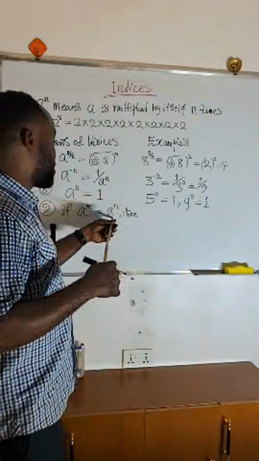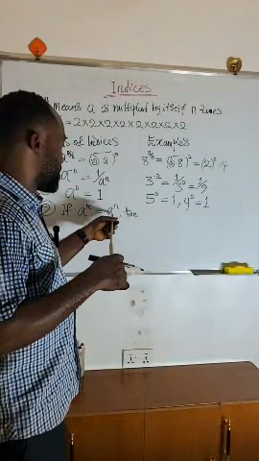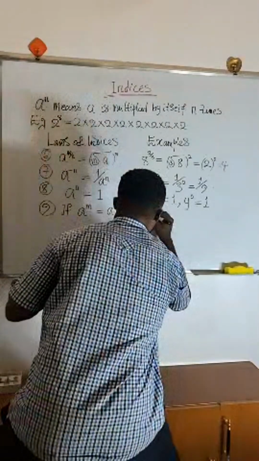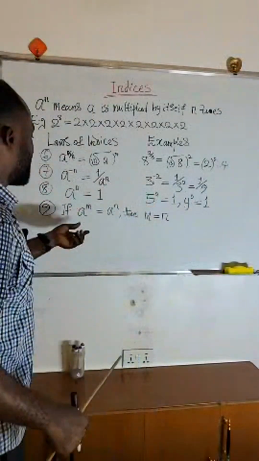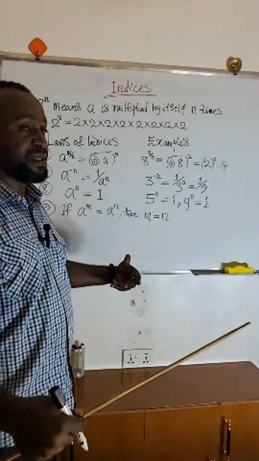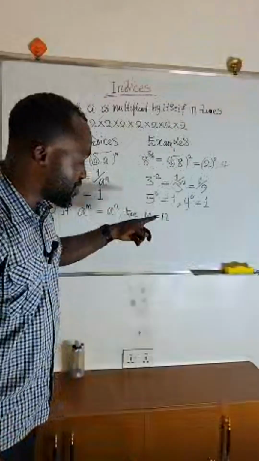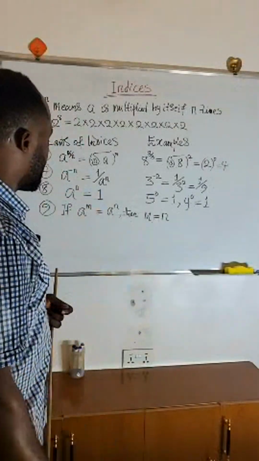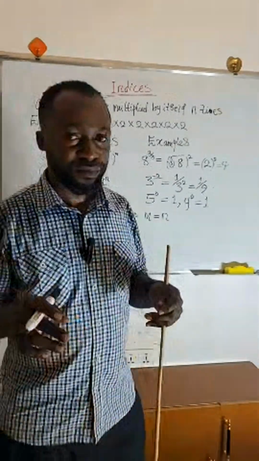Since the two bases on both sides are the same, then m equals n. The moment you have two numbers of the same base on both sides, irrespective of what their power is, you will equate their power. So this is what this means.